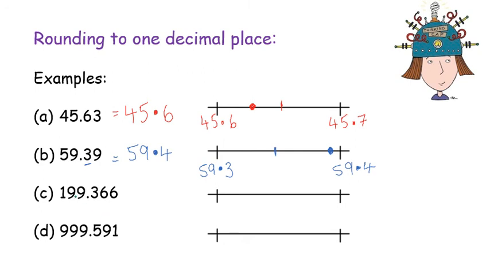In the next example, to one decimal place, we want there to be one digit. So 199.3 and 199.4 is what I need to decide on. Where does this question, 199.366, lie? Now, since we have 199.366 here, that is actually past the halfway line.